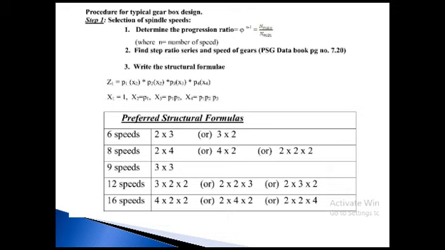For a 9-speed gearbox, you can split into the 3 into 3 concept. For 12-speed, you can split into 3 types of variations, and 16-speed also we can split into different variations. For example, for 6 speeds, if you are splitting as 2 into 3, 2 is P1 and 3 is P2. In that concept, we are going to split it.